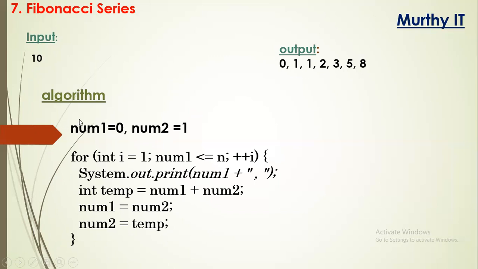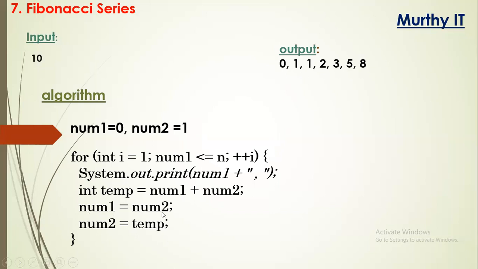In the second iteration, number 1 holds 1, and that 1 is printed. Then temp equal to number 1 plus number 2: number 1 is 1 and number 2 is 1, so the sum is 2, and temp stores 2.